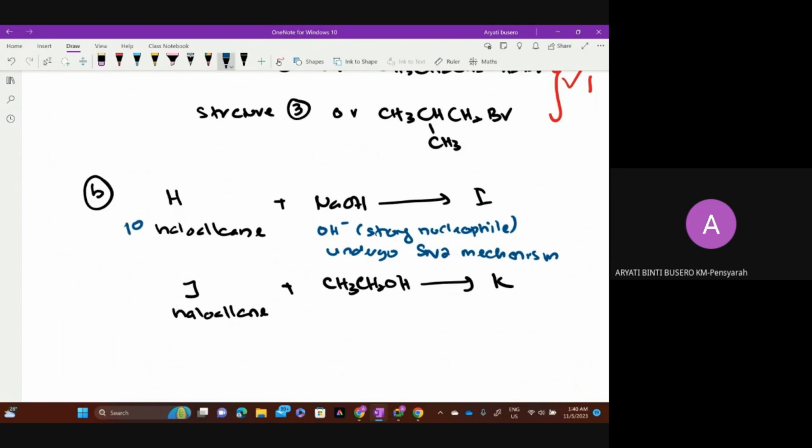CH3CH2OH, ethanol, dia adalah weak, okay, weak nucleophile. So dia akan undergo SN1 mechanism. So bila dia undergo SN1 mechanism, ini mesti tertiary haloalkane.